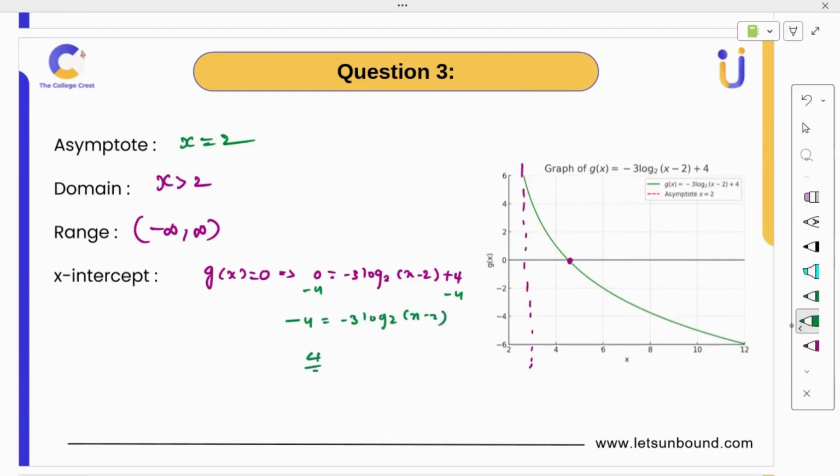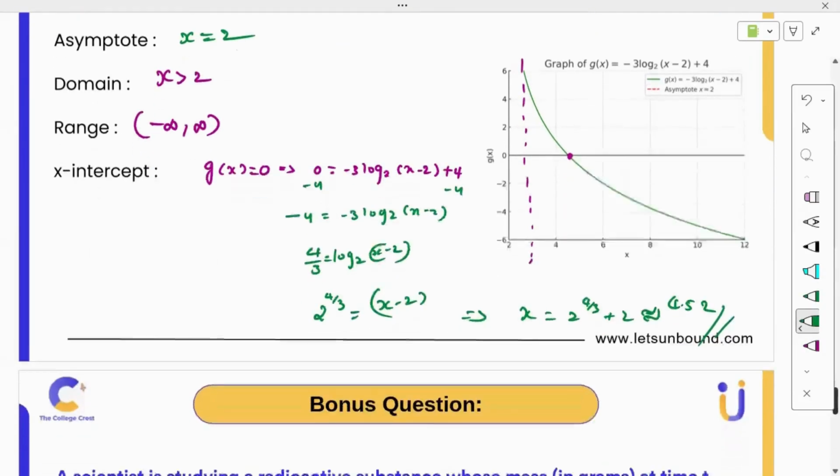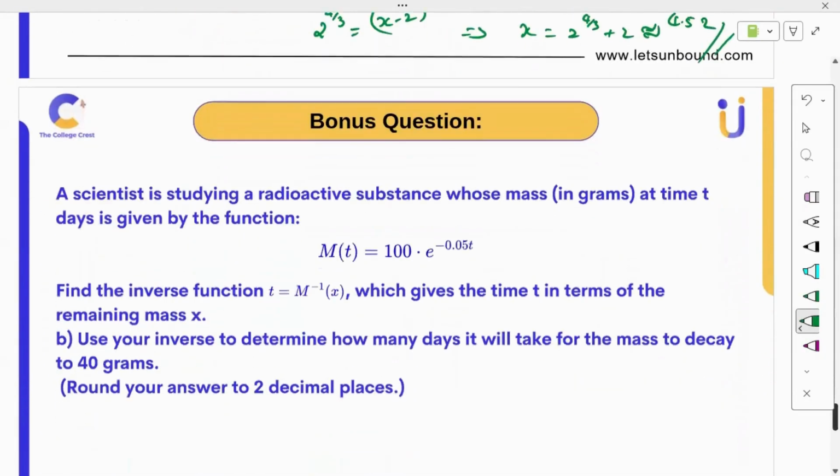So dividing by negative 3, 4/3 is log 2 of x minus 2. So now 2 to the power 4/3. If you raise to the power of 2, 2 and log 2 will get cancelled, leaving x minus 2. And you can continue, x is equal to 2 to the power 4/3 plus 2. When you simplify, you will get approximately 4.52. This is the x-intercept.